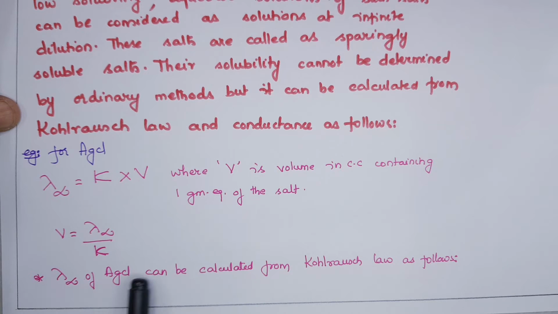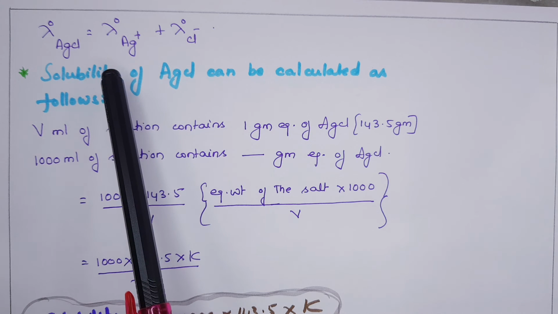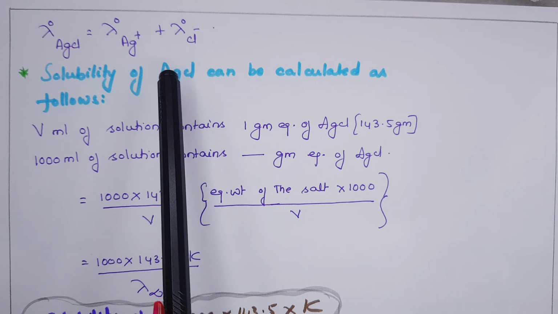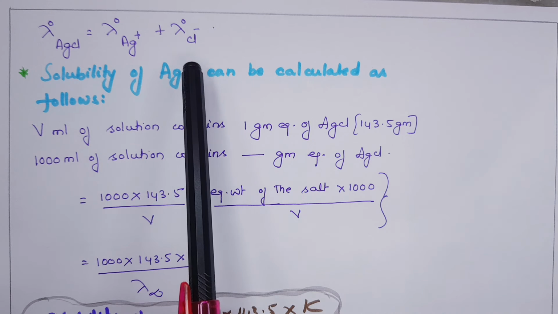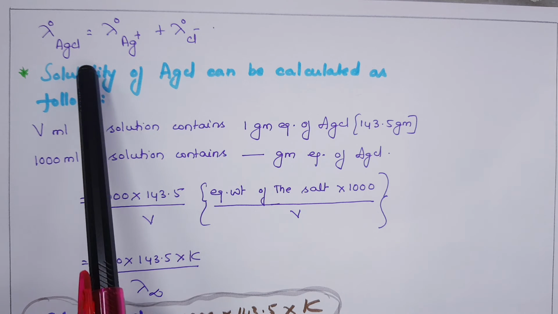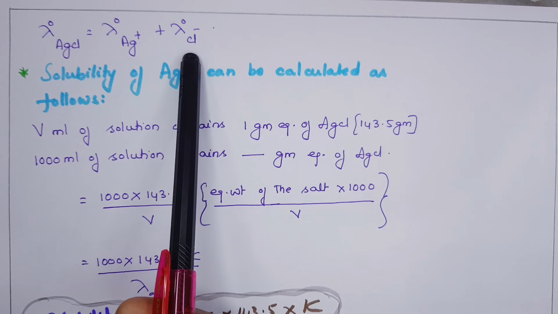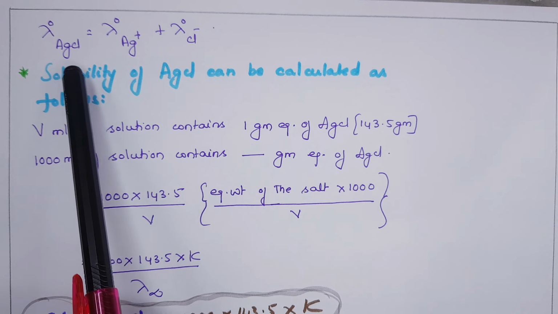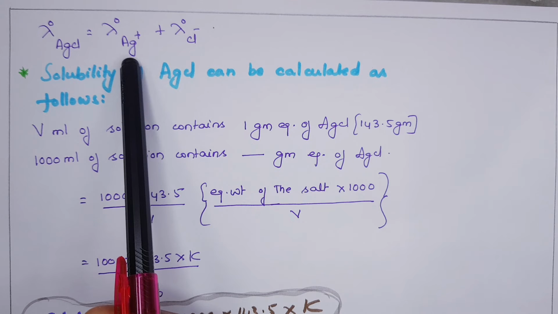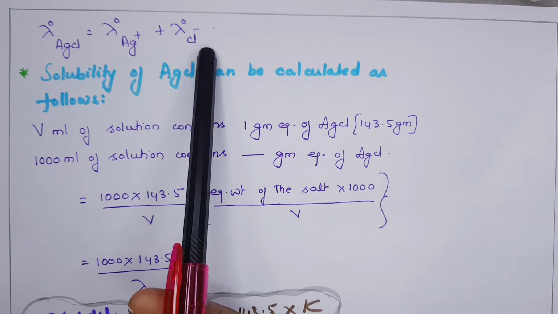Lambda infinity of AgCl is equal to lambda infinity of Ag plus lambda infinity of Cl minus. From Kohlrausch law, it can be determined like this, students. Equivalent conductance of an electrolyte at infinite dilution will be equal to the sum of equivalent conductivities of cation and anion, both the ions.